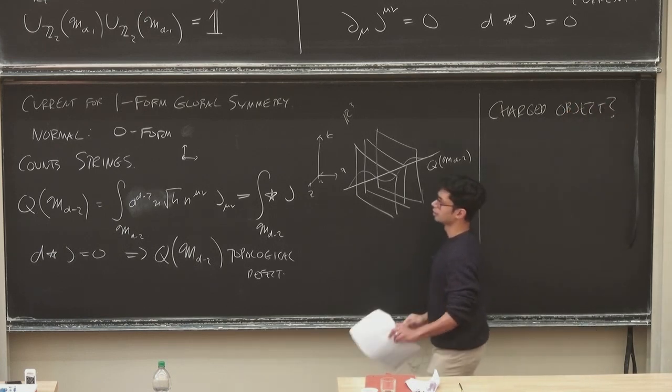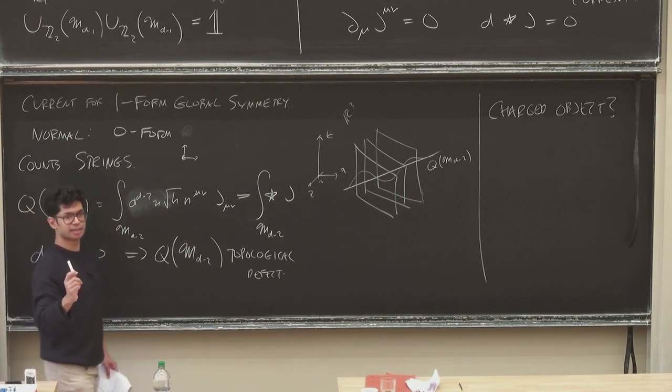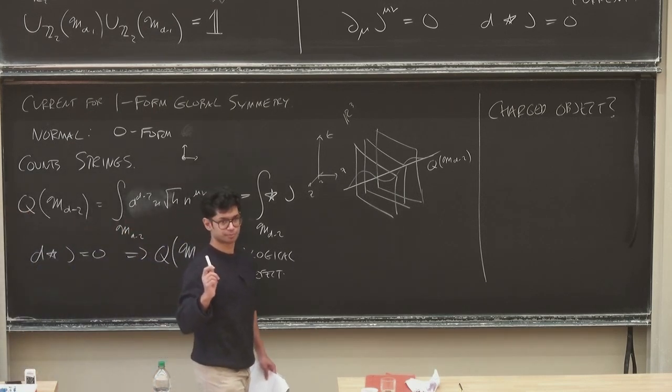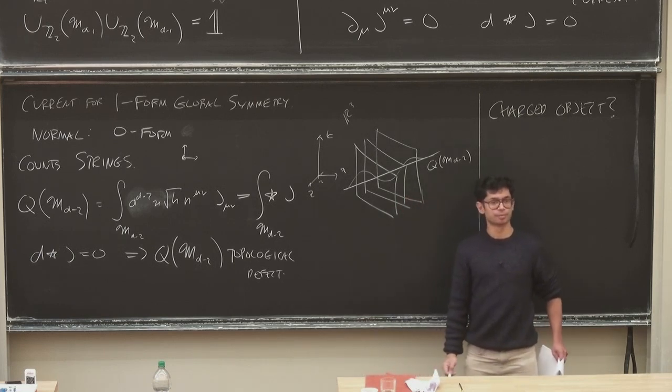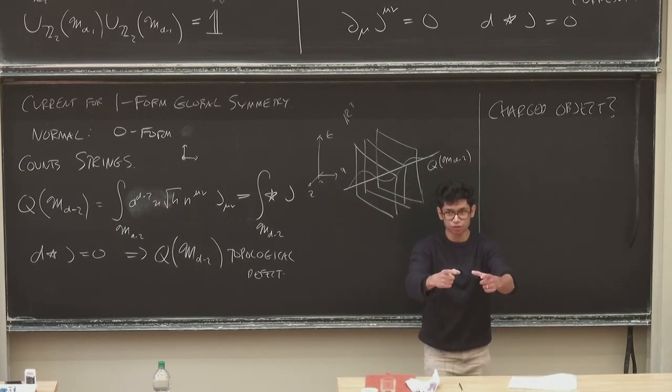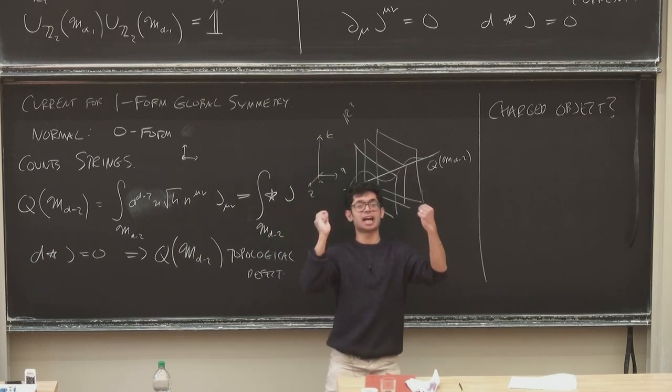Okay. So for a normal symmetry, the charged object was a local operator because a local operator made the thing that you count, which was a particle. What is the object that makes the thing that you count here? Well, if you want to make a string, what you have to do is you act in your theory with a line operator, right?